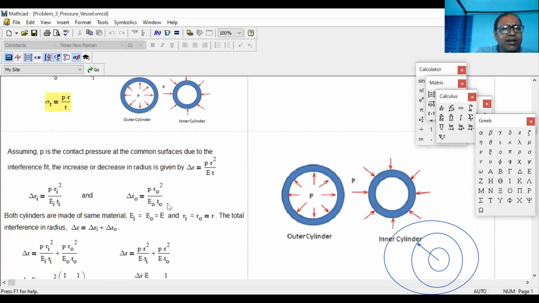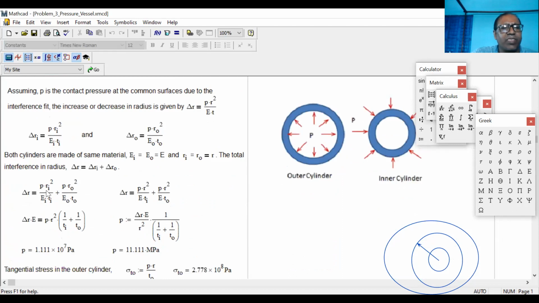Then we have this formula. Put it over here, put it over here. Then instead of Ri and R, both will be the same. For the outer cylinder, we take Ri, that means this one. For the inner cylinder, you take Ro, which is also R. Then just rearrange the equation.